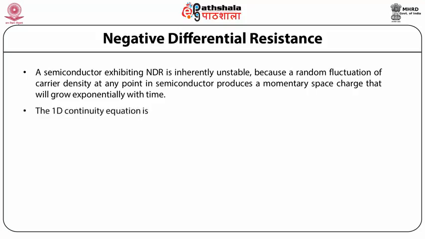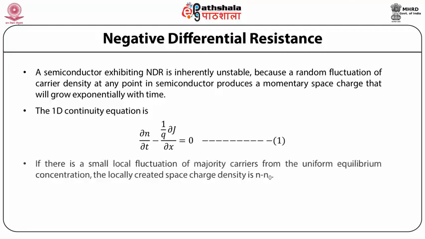So the 1D continuity equation is del n by del t minus 1 by q del J by del x equal to 0. If there is a small local fluctuation of majority carriers from the uniform equilibrium concentration, the locally created space charge density is n minus n naught.